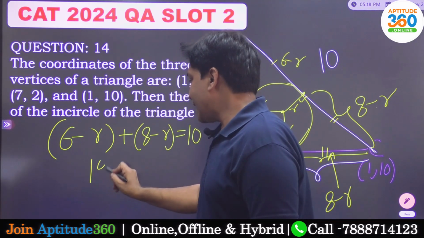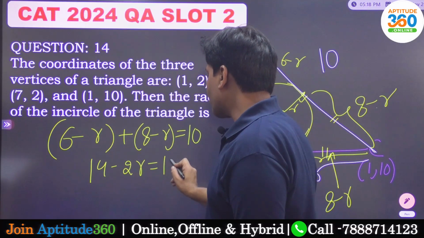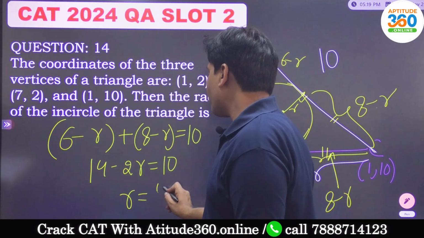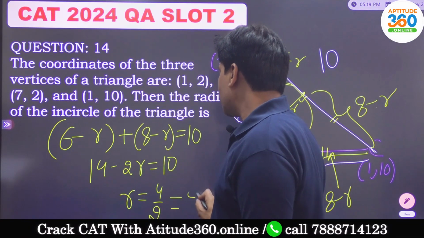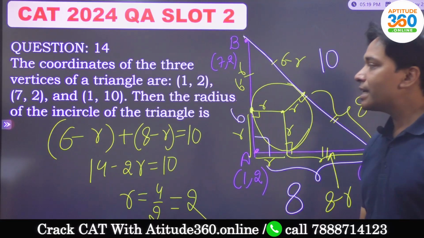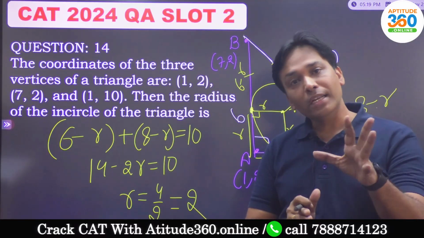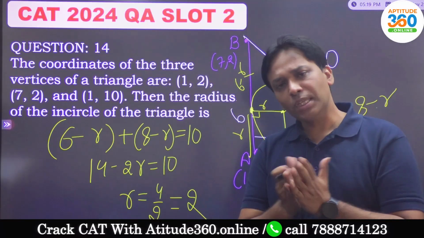So 14 minus 2R is equal to 10. So what is the value of R? It is going to be 4 by 2, which is nothing but 2 units. So the radius of the incircle of the triangle is 2 units. Simple, eh?